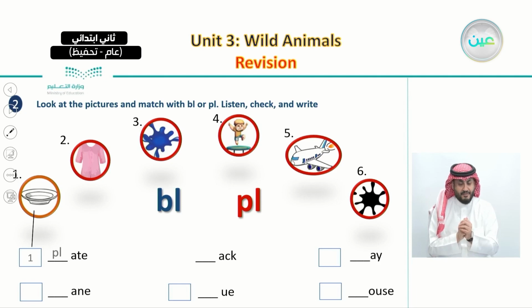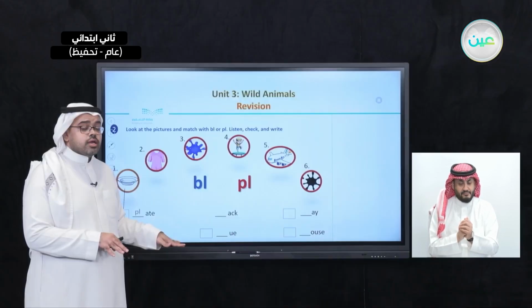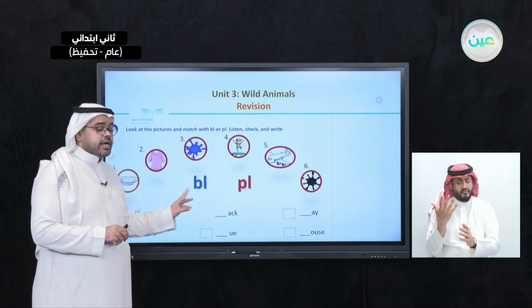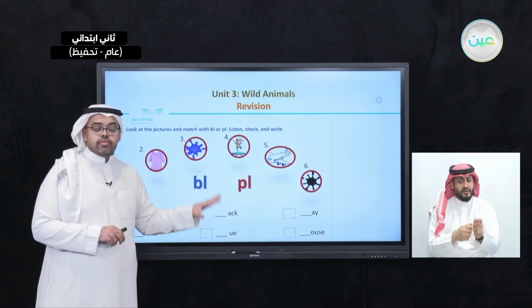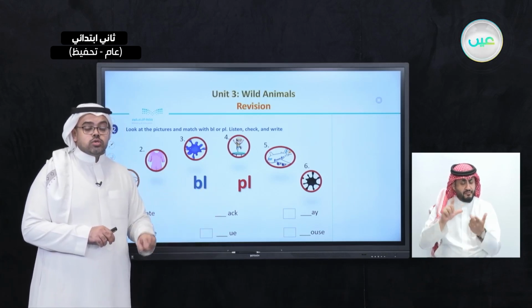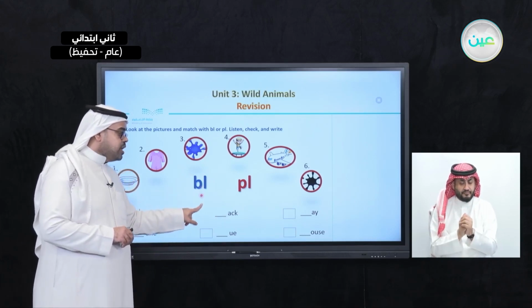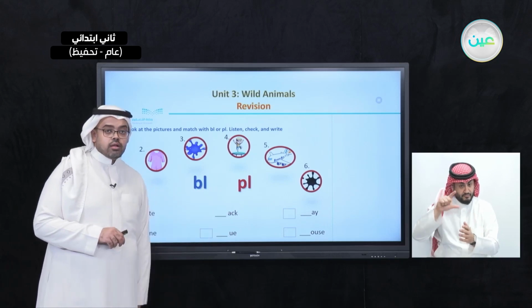So what we're going to do now is the same. We're going to decide which of these pictures matches these words, and then we're going to complete these words with either BL or PL.